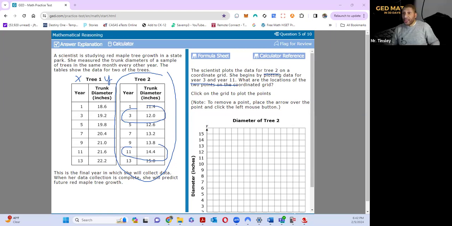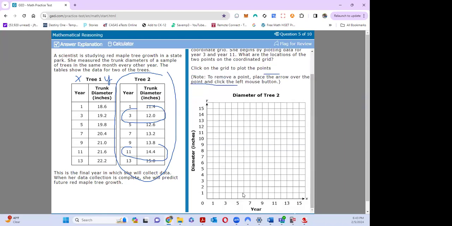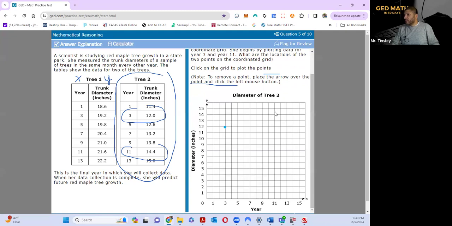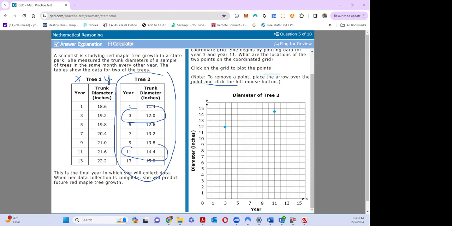All you're doing is plotting the points: 3 and 12, and 11 and 14.4. 14.4 is in the middle. That's it. That's one of the easiest problems, just plotting on the coordinate plane. Easy. But this is not the problem she had. It's the other one.